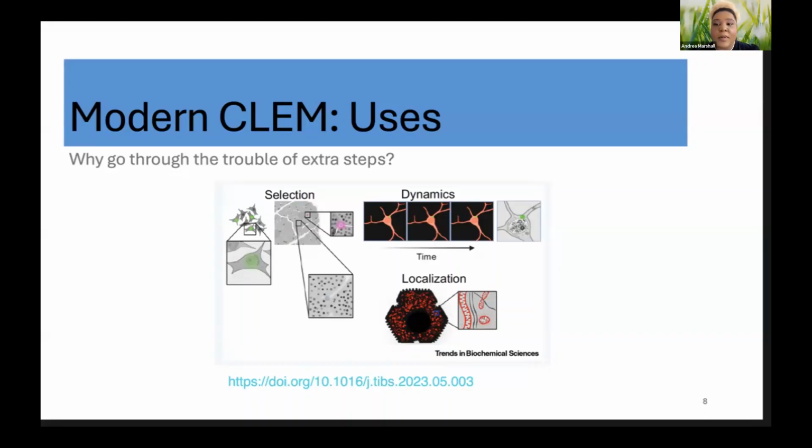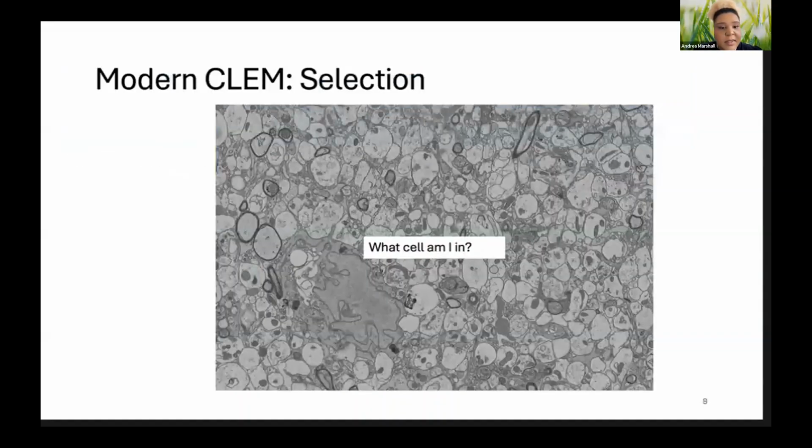CLEM allows you to selectively isolate those cells for further examination. EM in general is a static technique, and one of the beautiful powers of CLEM is that it allows you to add in more dynamic responses as well as time lapse into your questions. And given the limitations of basic light microscopy, EM is still the standard for localization of your proteins of interest or organelles of interest.